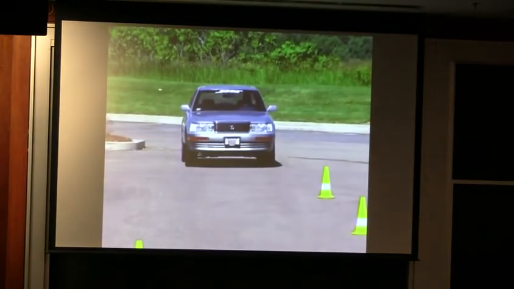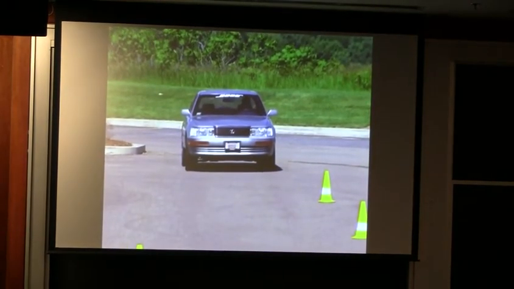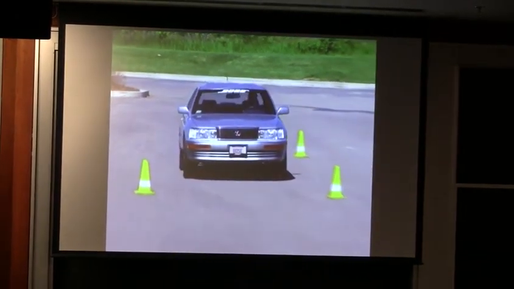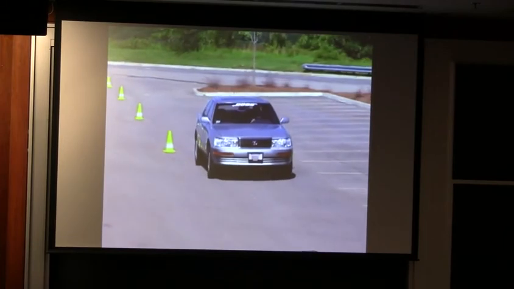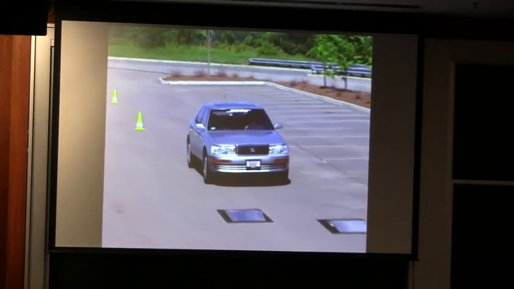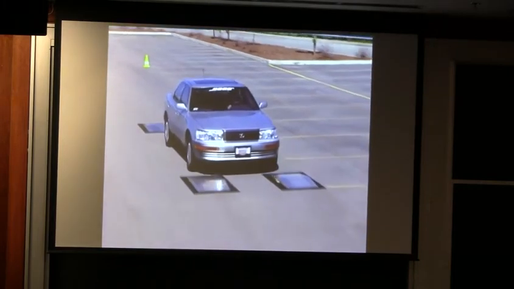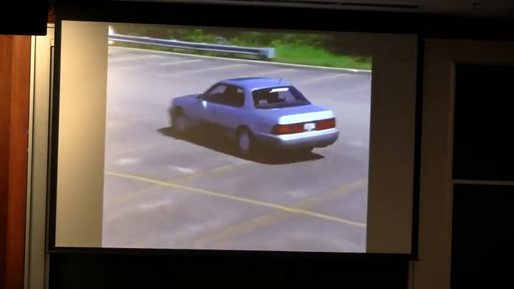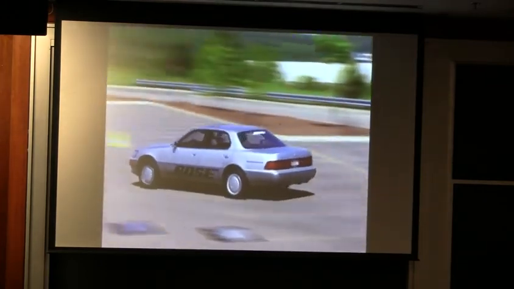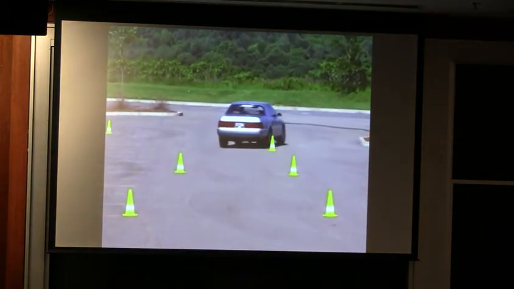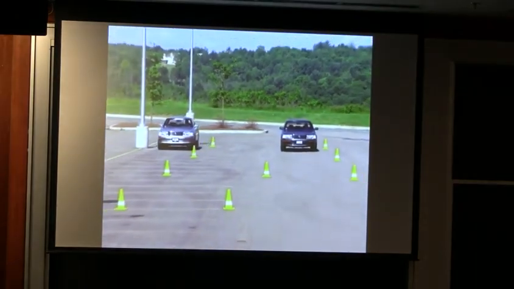Now, watch a vehicle of the same make and model, but modified to include the Bose suspension system, travel the same course at the same speed. Now, watch as the two vehicles drive side by side.